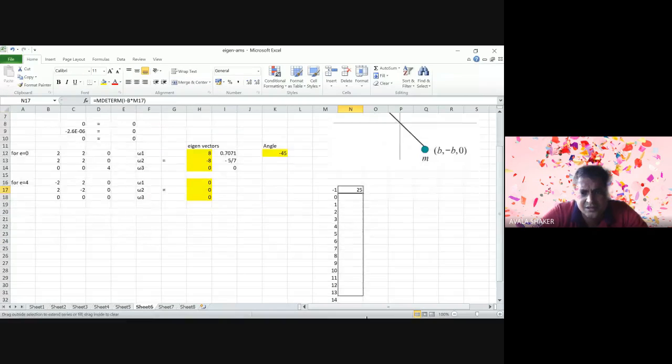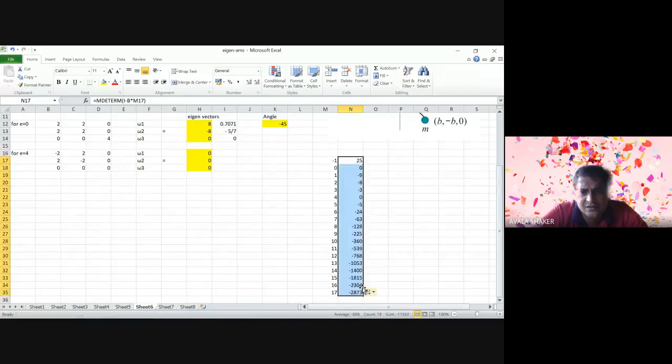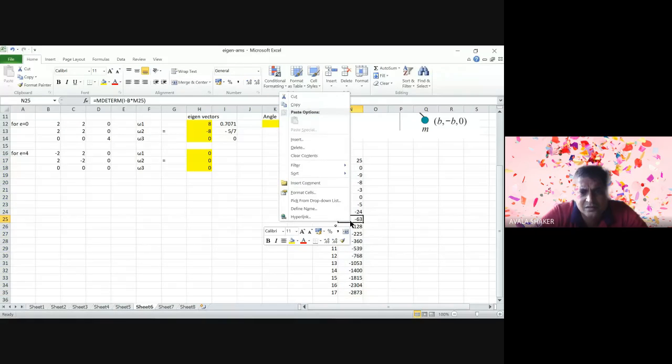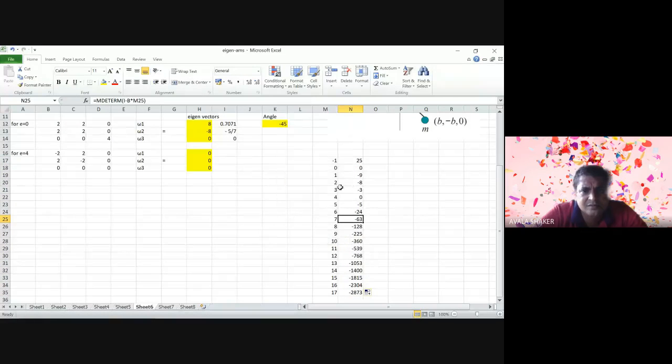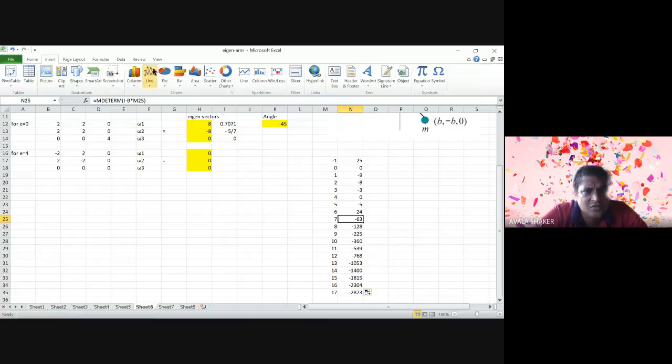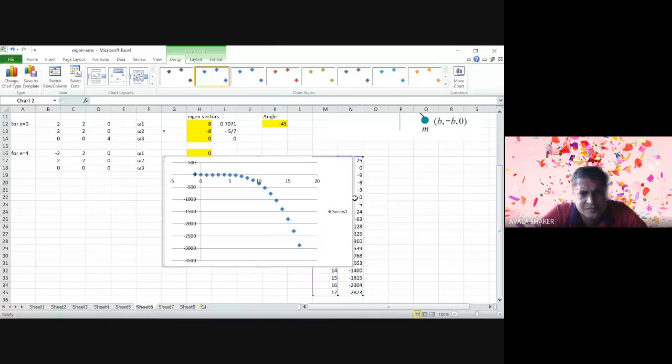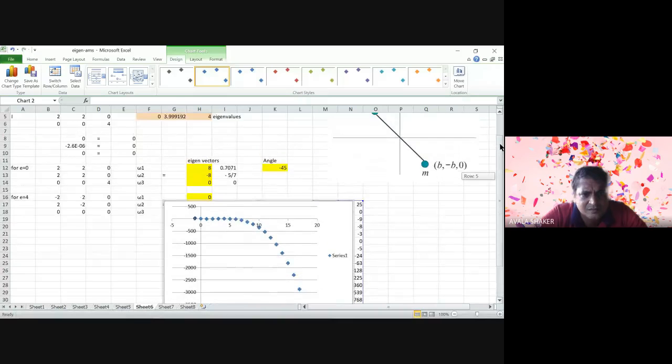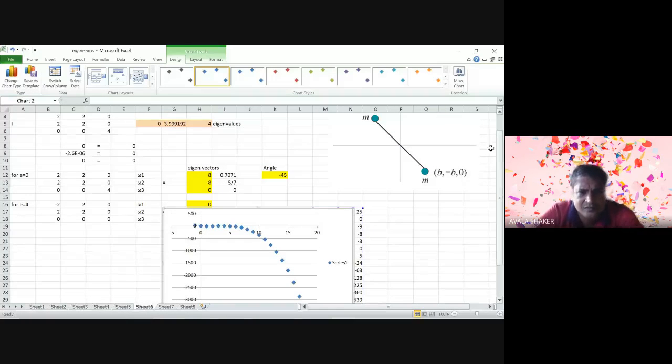Just drag. Take an XY plot. Okay, so from -1, it seems all of them are on the line only. So we are interested only up to maybe 6.